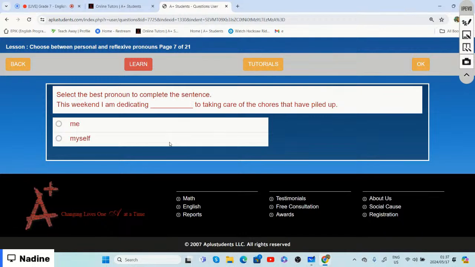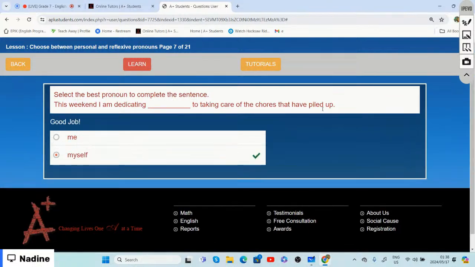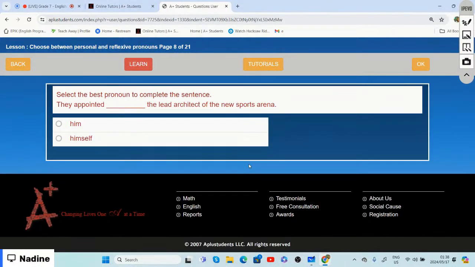So this weekend I am dedicating myself to taking care of the chores that I've piled up. All right.